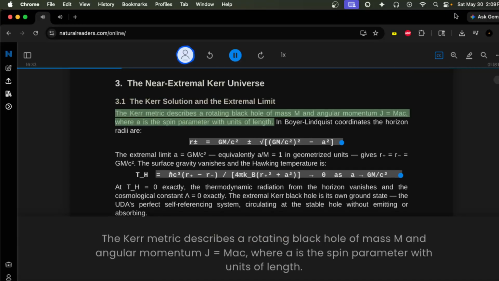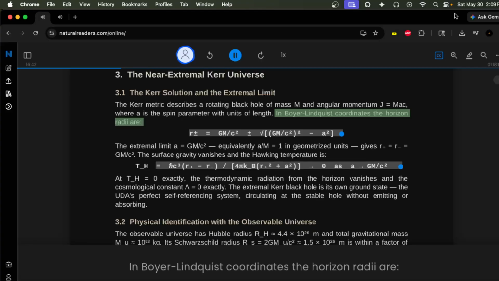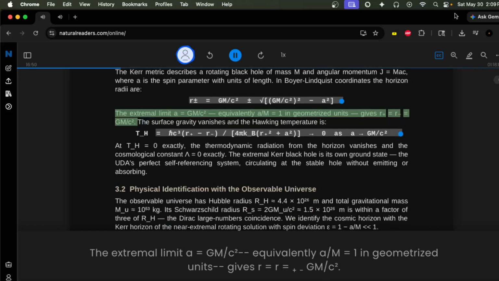The Kerr metric describes a rotating black hole of mass M and angular momentum J equals Mac, where a is the spin parameter with units of length. In Boyer-Lindquist coordinates the horizon radii are given by the extremal limit a equals GM over c squared, equivalently a over M equals 1 in geometrized units, which gives r equals GM over c squared.